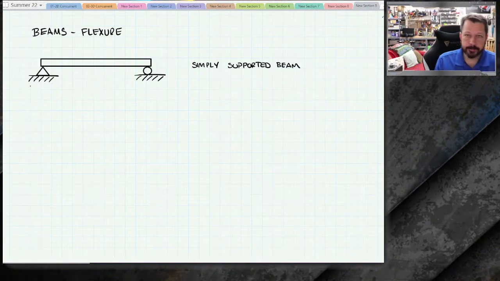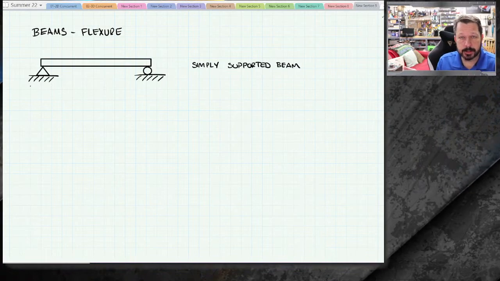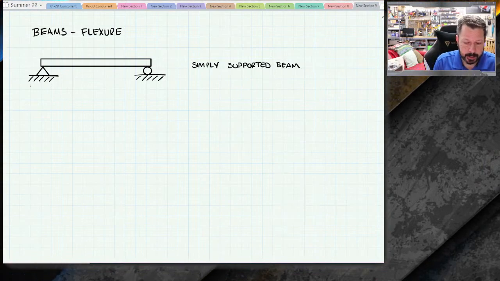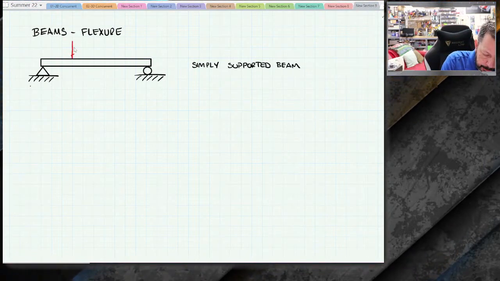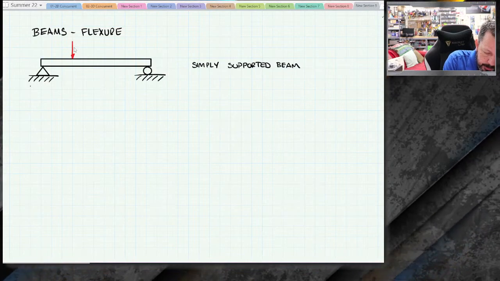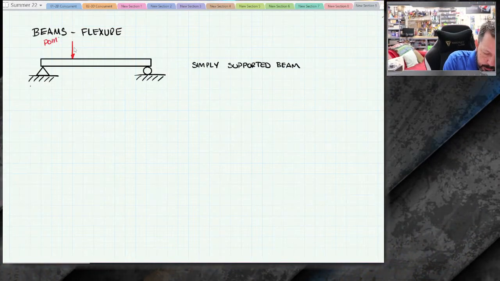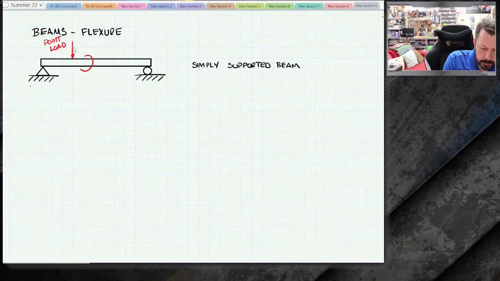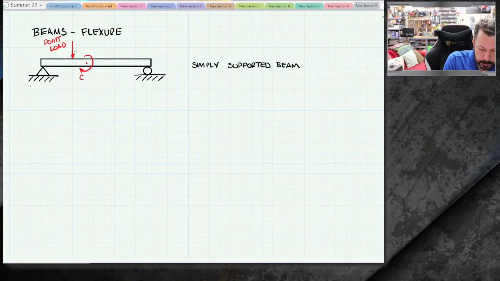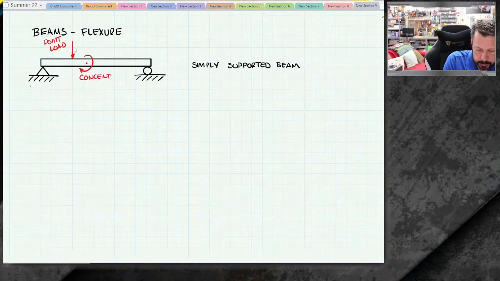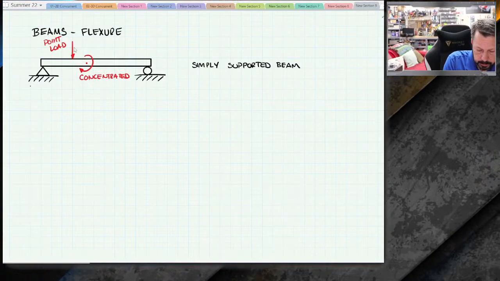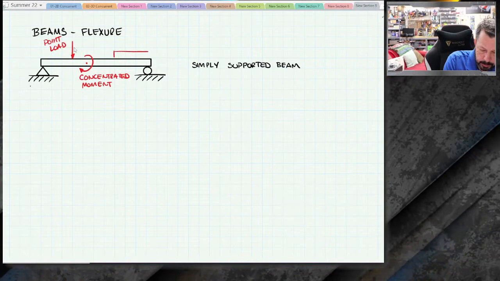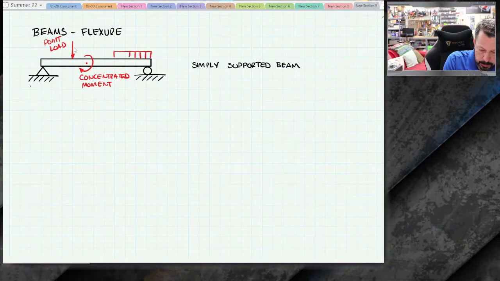And it's going to have one of three types of loads on it, or some combination of these loads. It could have a whole bunch of loads on it, but you're going to have point loads, so that's what this guy is. You're going to have concentrated moments, and you're going to have some types of distributed loads.